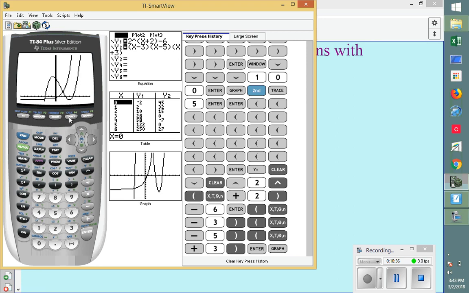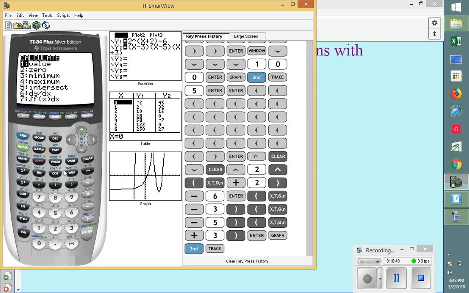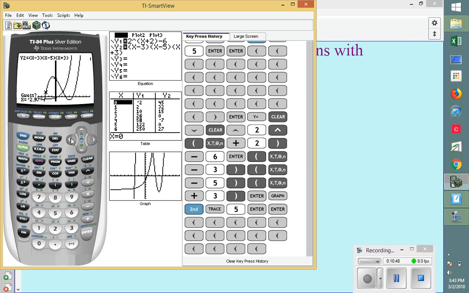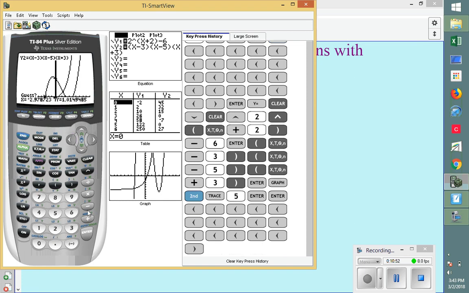So I'm going to calculate intersect, enter, enter, move my cursor down here. And now it's not going exactly on, but that's okay, as close as you can get to that point of intersection. So negative 3.11, negative 5.54.